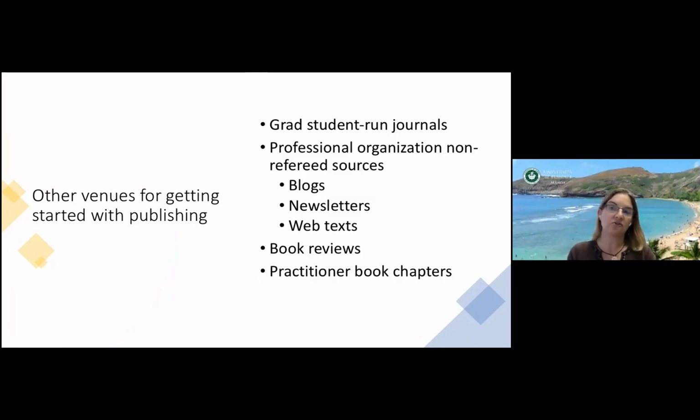So there are a lot of journals in various disciplines run by graduate students, and often those either welcome primarily grad student writing, or they at least have slightly lower bars to get published. Professional organizations have a lot of places where students can publish, and often they're desperate for text too. So it's a good way to get something out there.